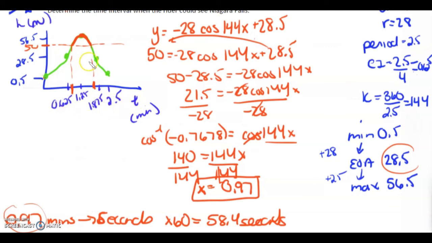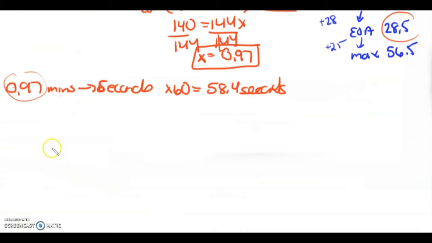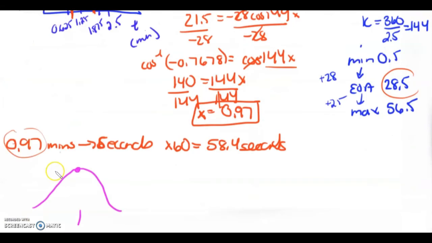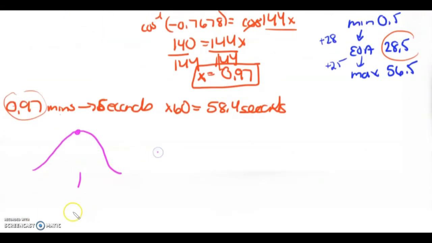So here's the thing, and I'm going to zoom in. If you take a look at this part of the graph right here, what happens is we have some peak, and then it comes back down, right? And that peak occurs at I believe 1.25. So we're looking for this point where the height is 50, and then this point where the height is 50 as well.